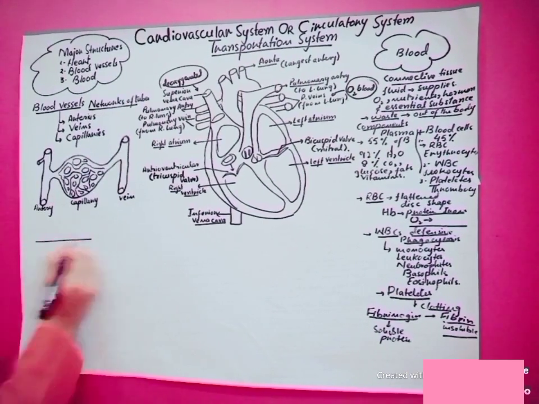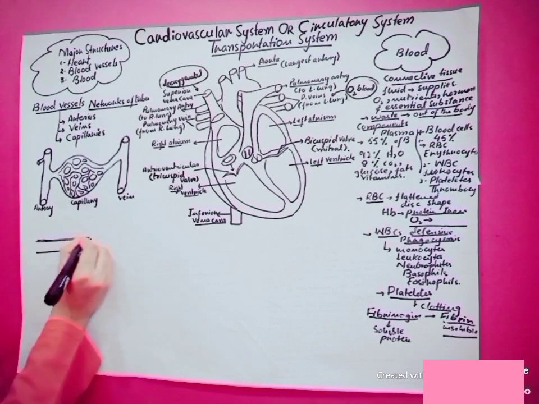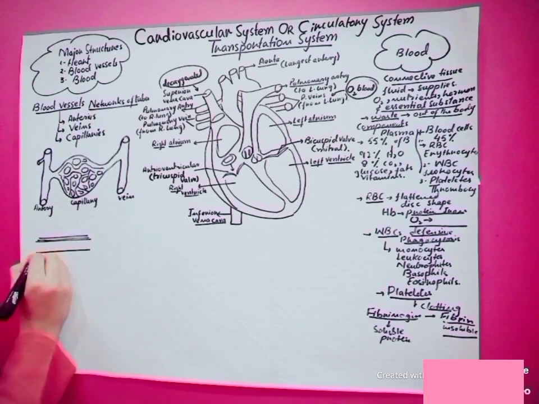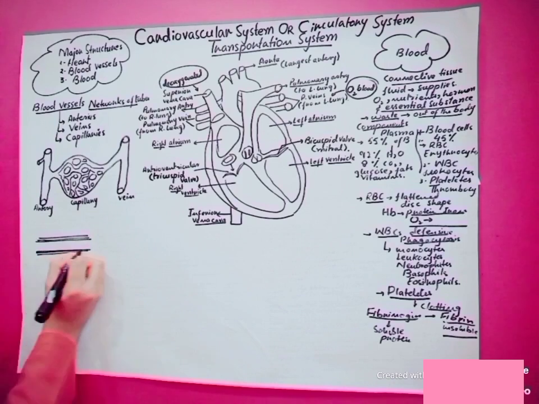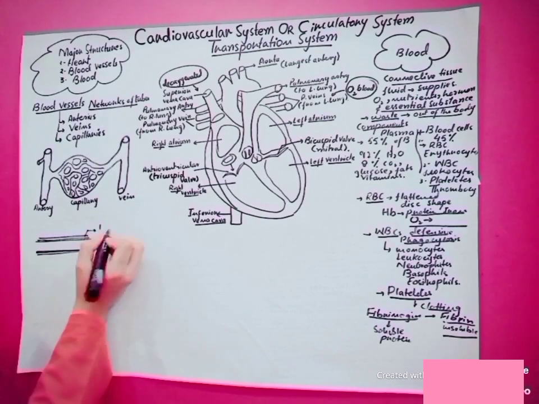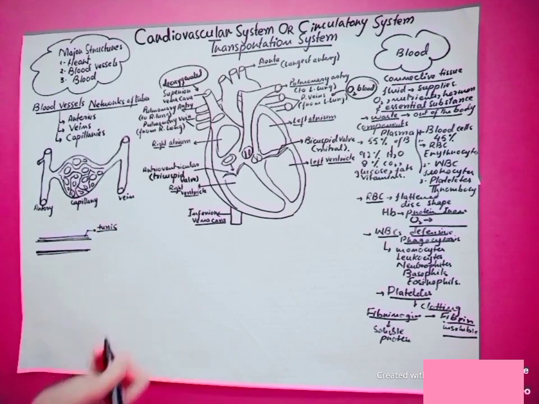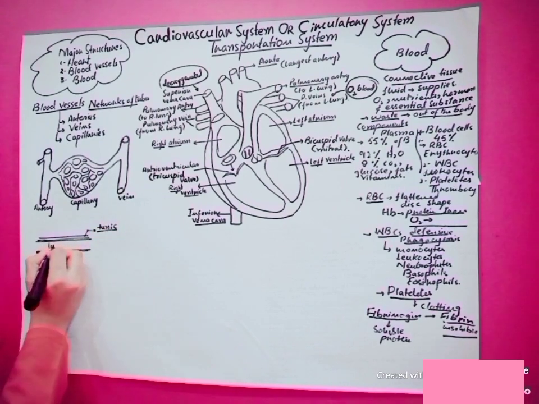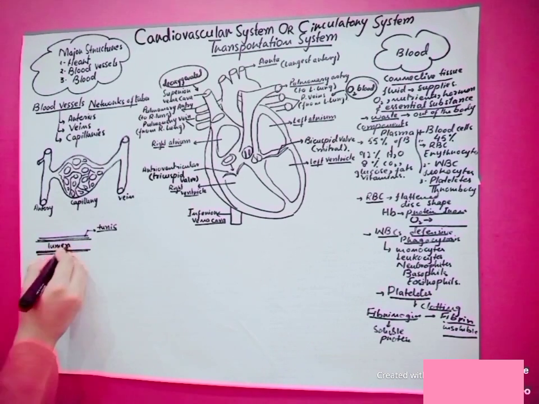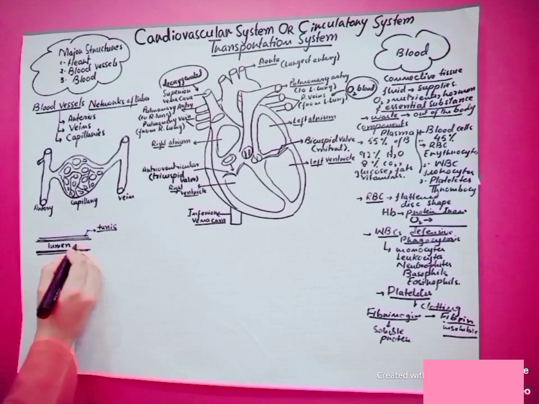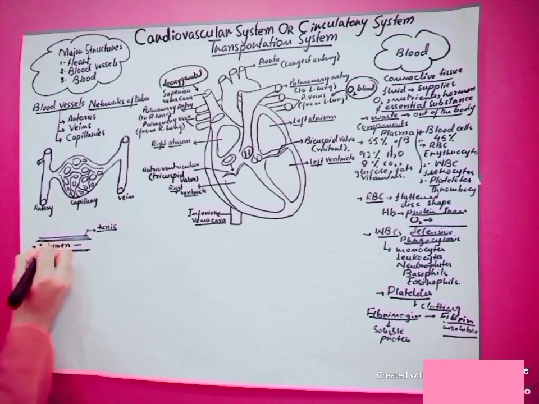Most of the vessels contain three layers, which is called tunic, that surrounds the lumen. Now what is lumen? Lumen is the area through which the blood flows. Now artery.